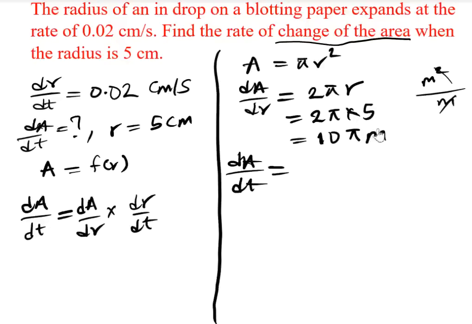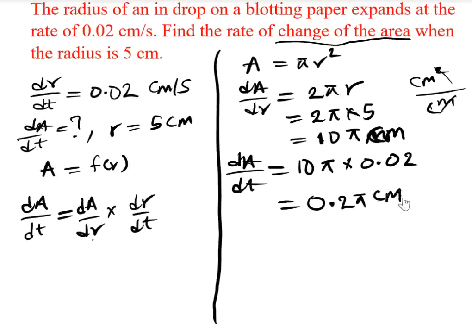Don't mind me, the unit is centimeters because all the units are given in centimeters. dA/dt is equal to dA/dr, which is 10 pi, multiplied by dr/dt, which is 0.02, and this will be equal to 0.2 pi centimeter squared per second. This is the final answer.